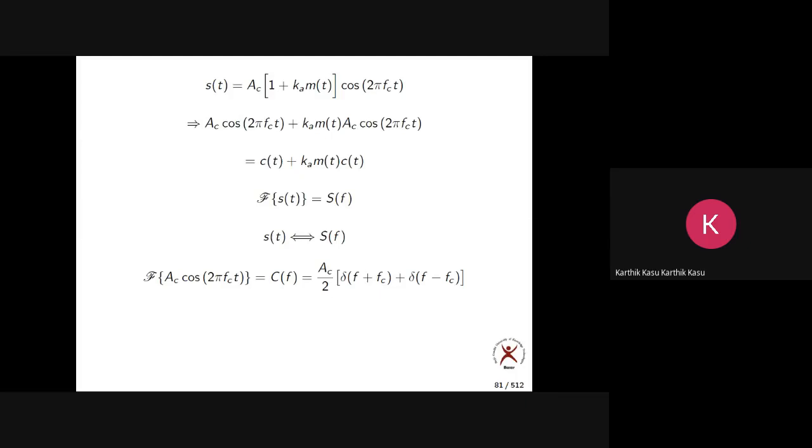What are the properties of an impulse? There is an important property: the area under an impulse is 1. So we have two impulses at fc and minus fc with area equal to Ac/2.